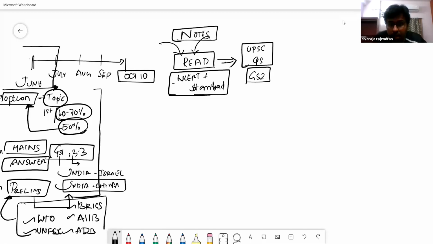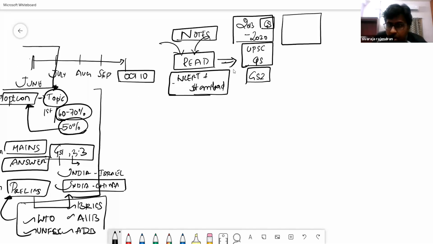Which years? UPSC mains from 2013 to 2020. This is for GS. For optional, there will be a question bank.